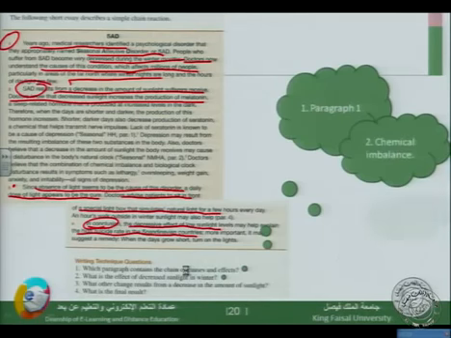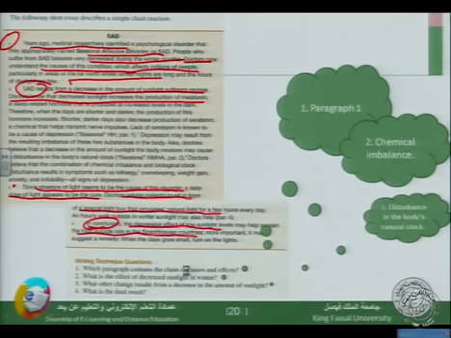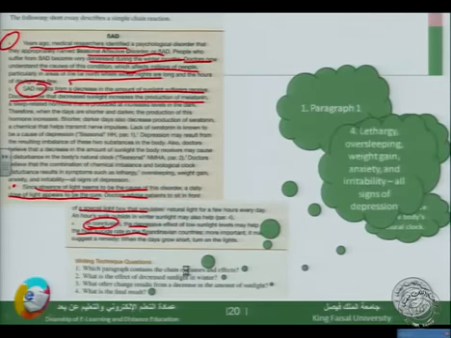It's chemical imbalance. What other change results from a decrease in the amount of sunlight? Disturbance in the body's natural clock. What is the final result? It was lethargy, oversleeping. You can find all of these answers right here in the conclusion.